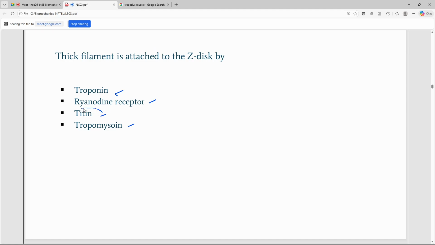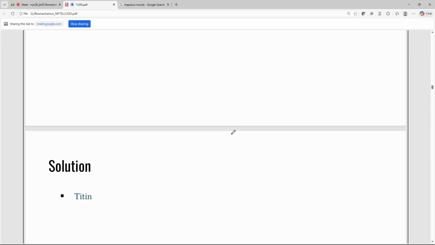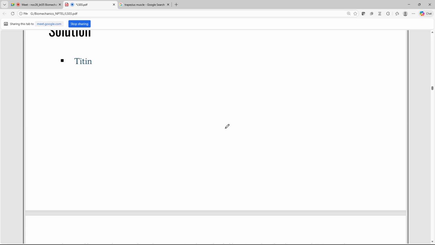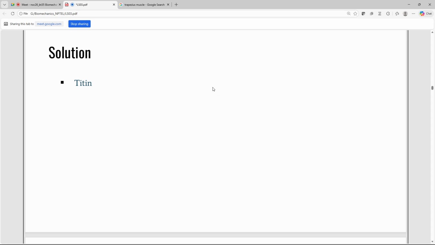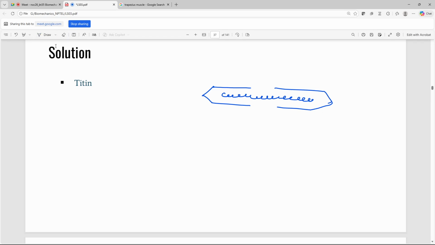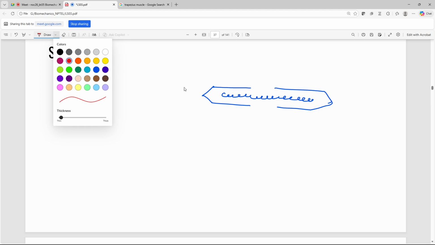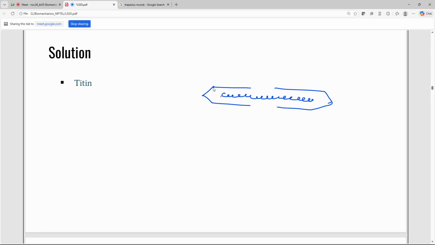Answer is option C, titin. So you remember, these are the thin filaments and this is the thick filament. The thick filament is connected to the Z disc, that is this side, through something called titin.